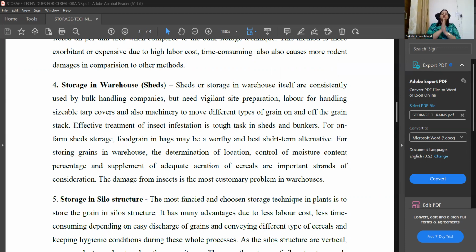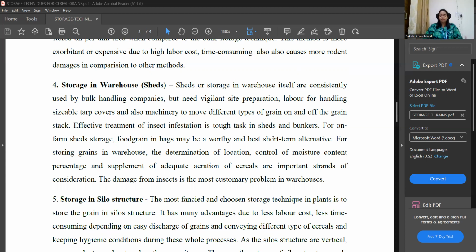What it is saying is that storage in warehouses or sheds is another method where we put our cereals, because they can contain cereals in bulk amounts. But it requires a vigilant site, because they are in the open fields.